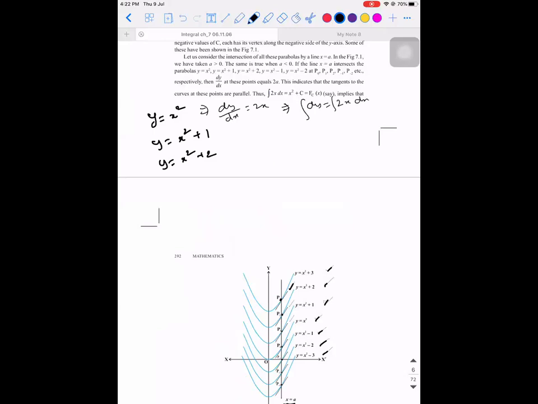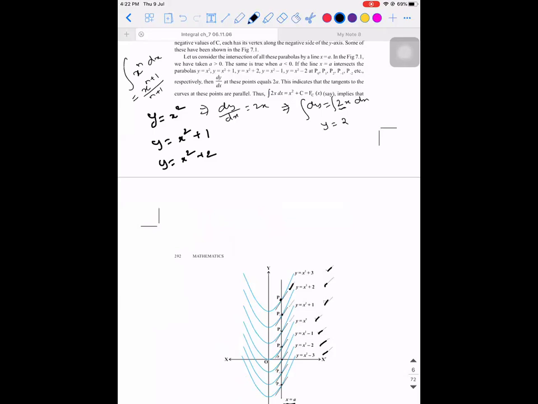If I integrate on both the sides, what should I get? y will be equal to, just like how 2 you can take out, how will you integrate x? x square by 2. For those who don't know the formula, observe it. The first formula: integral of x power n dx is x power n plus 1 divided by n plus 1.